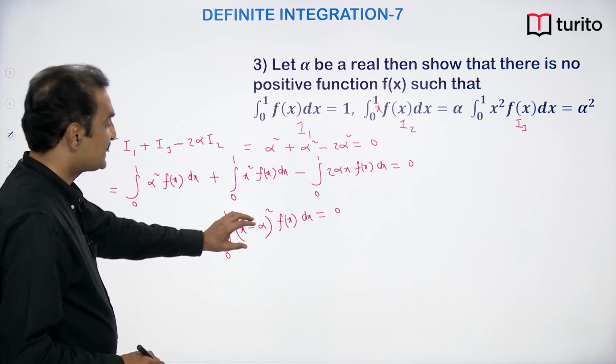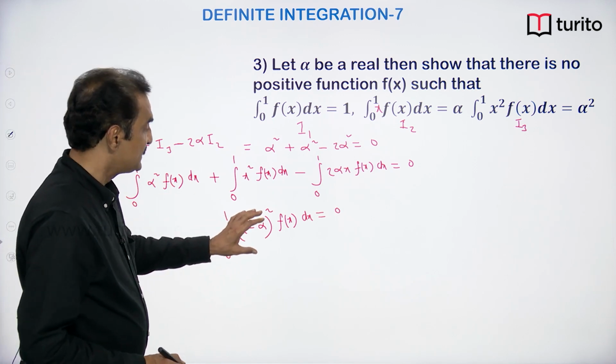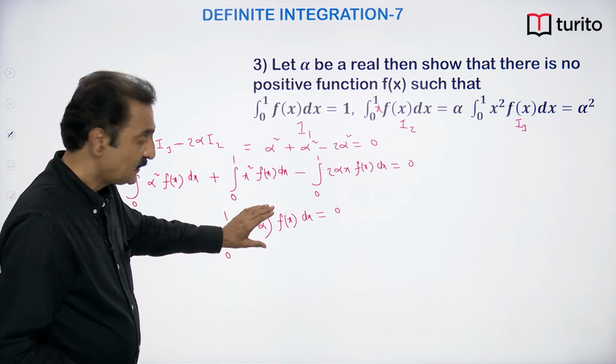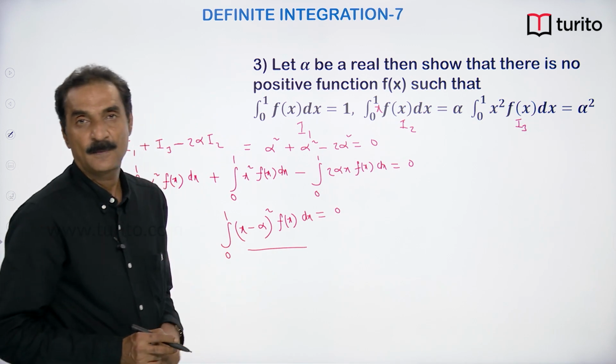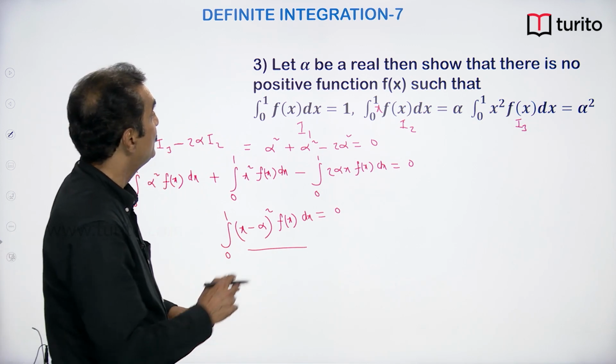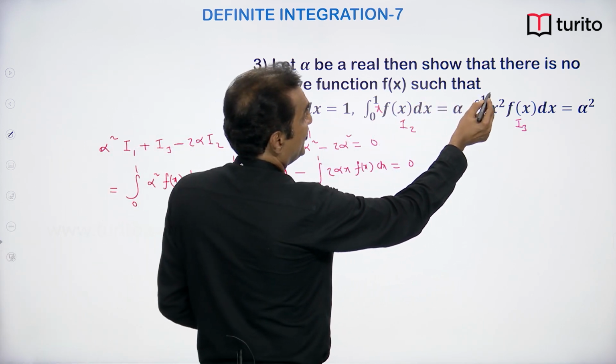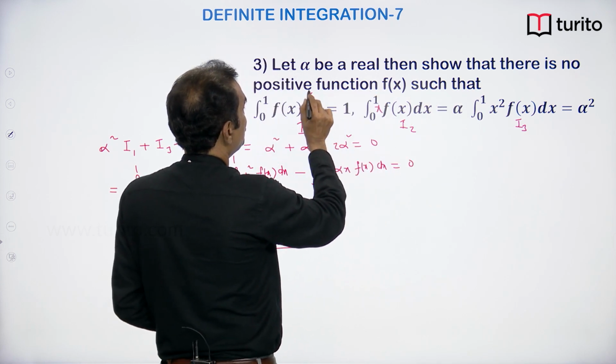Now, x minus alpha whole square is a continuous function. If this integral is 0, here it should be: there is no positive continuous function.